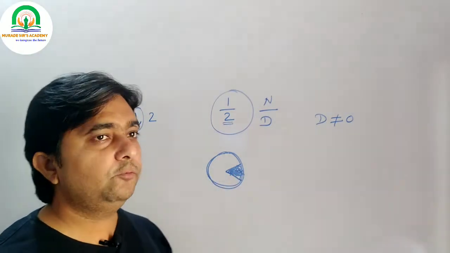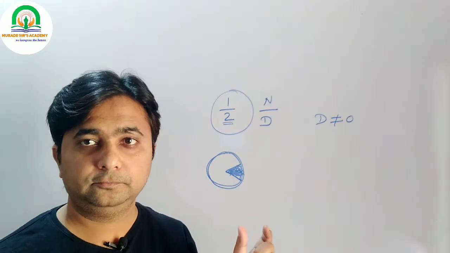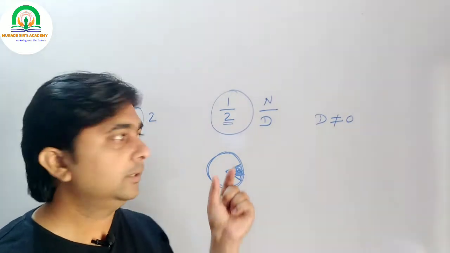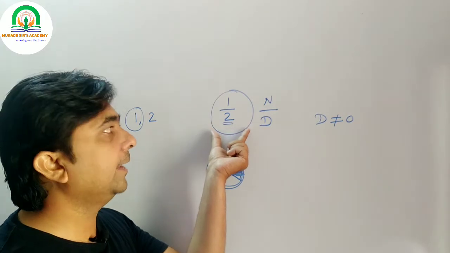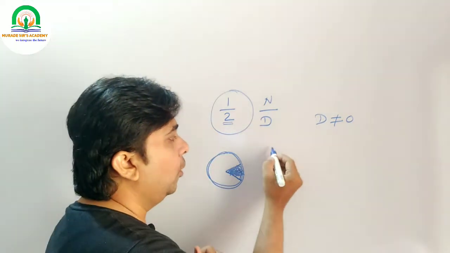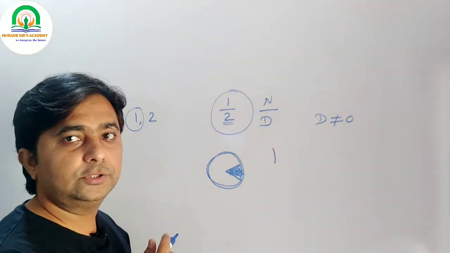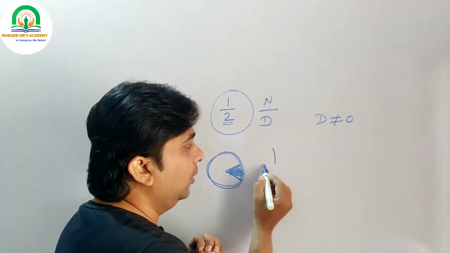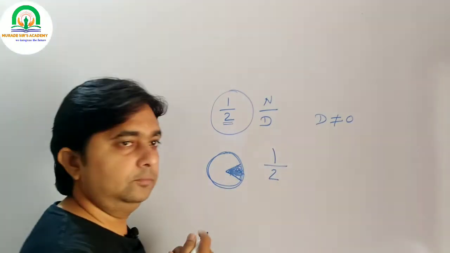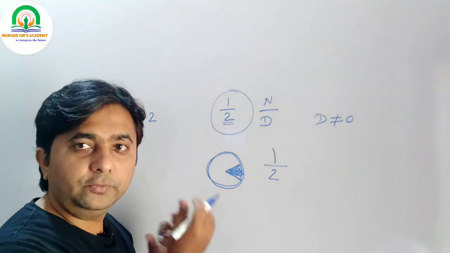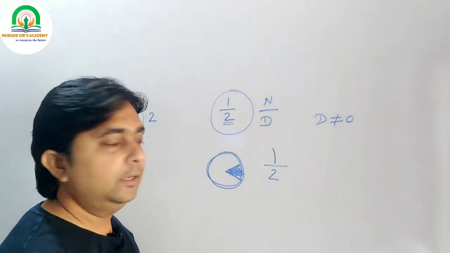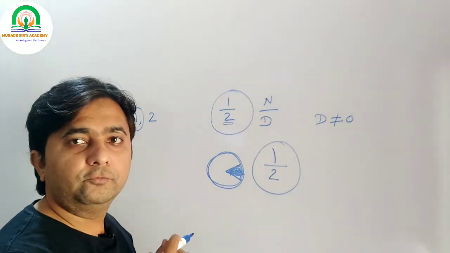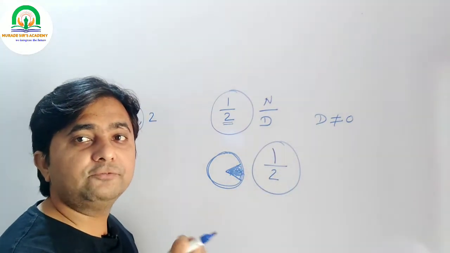In this way, if you want to represent a number, we will represent it like this. This is a whole number 1. I want to take some part from this whole number, then it is called a fraction, 1 by 2. How much fraction?